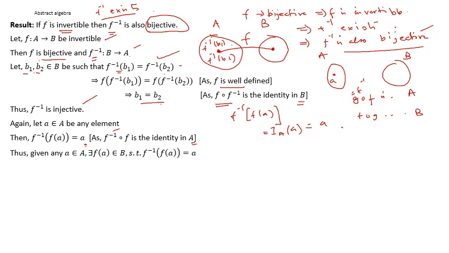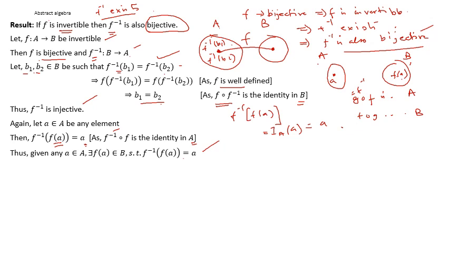Thus we understand that f of a is an element of B. So given any a belonging to capital A, there exists f of a belonging to capital B such that f inverse of f of a is a.